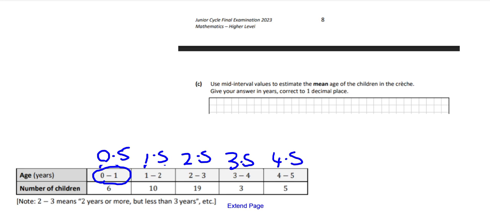Now what we're going to do is, what we're claiming is 6 children are aged 0.5. So what's 6 multiplied by 0.5? It's 3. What's 10 multiplied by 1.5? Anybody? 15. 19 multiplied by 2.5?